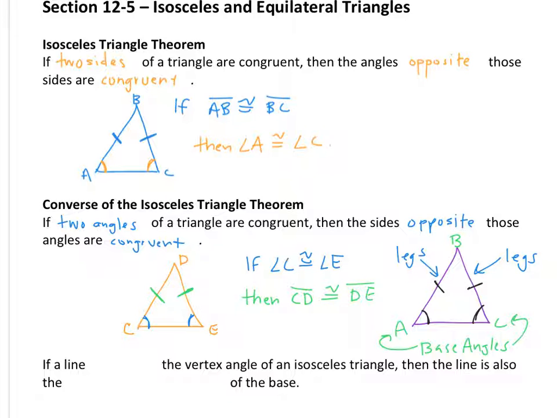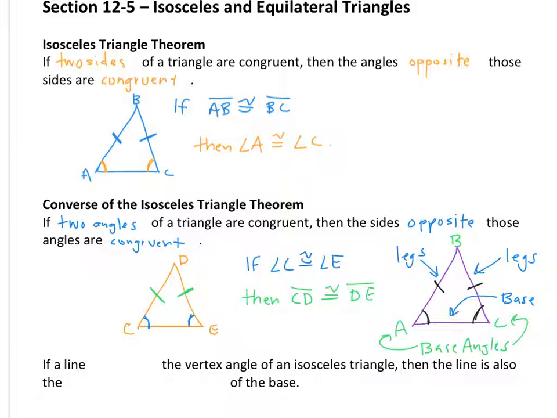So we have base angles at the bottom, and the two sides that are congruent are legs. The bottom side, well, if it has the base angles attached to it, we call it the base.